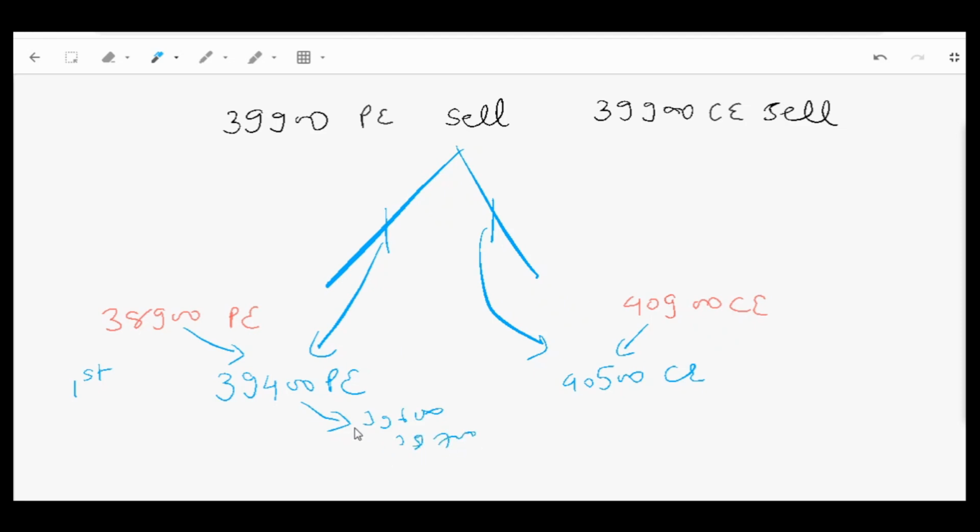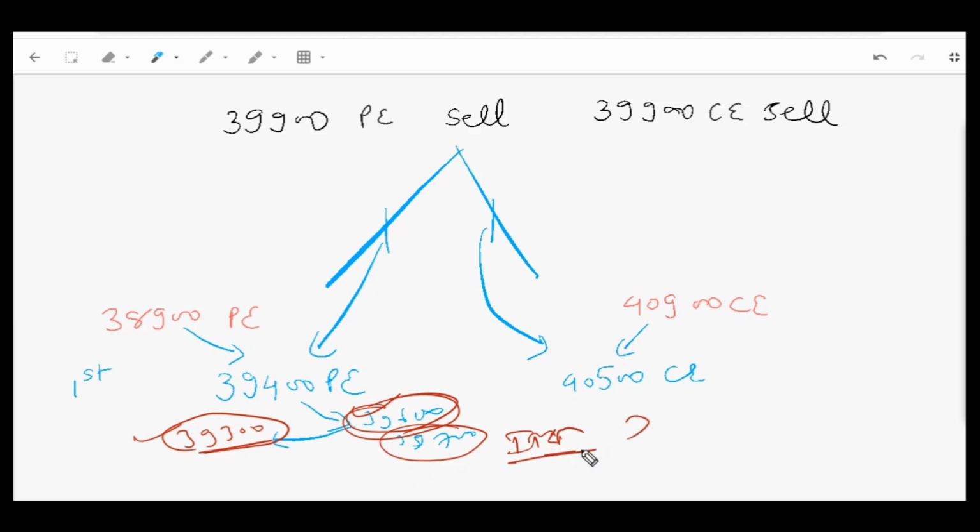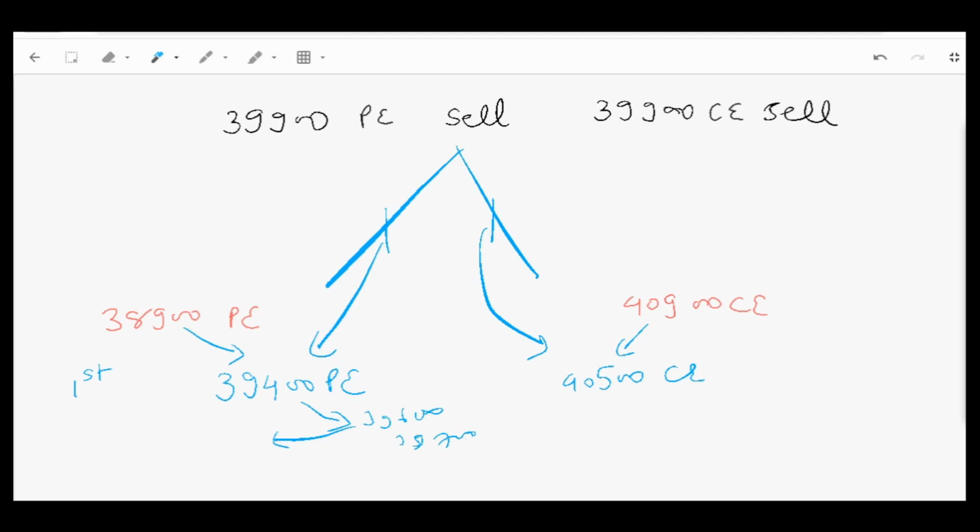If the strike is 39,600 and the market goes around 39,300, then this hedge has also become ITM 3, and we will book profit in this and again buy 39,300. So in this way, any hedge which is active at present, if it becomes ITM 3, simply, we will exit that, book profit in that hedge, and buy the at the money strike as hedge on any side. This is actually very simple.